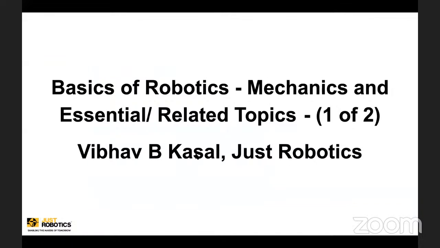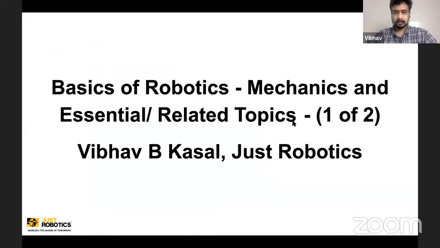So today I'll be sharing what we do when a student has to take up robotics. There are three areas of robotics: mechanics, programming, and electronics. The first thing that they will learn when anybody starts with robotics is mechanics, because they can see it physically.